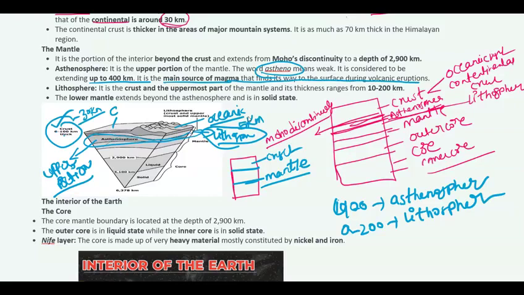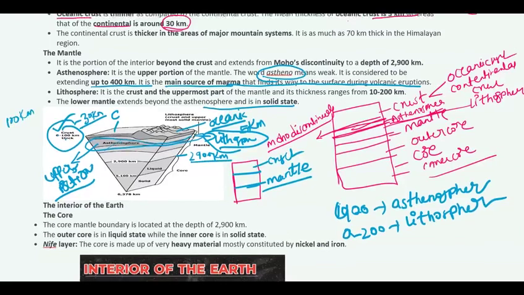Okay? The lower mantle extends beyond the asthenosphere and it is in a solid state. So I'll tell you, listen: the first 100 kilometers, 0 to 100, is a crust.